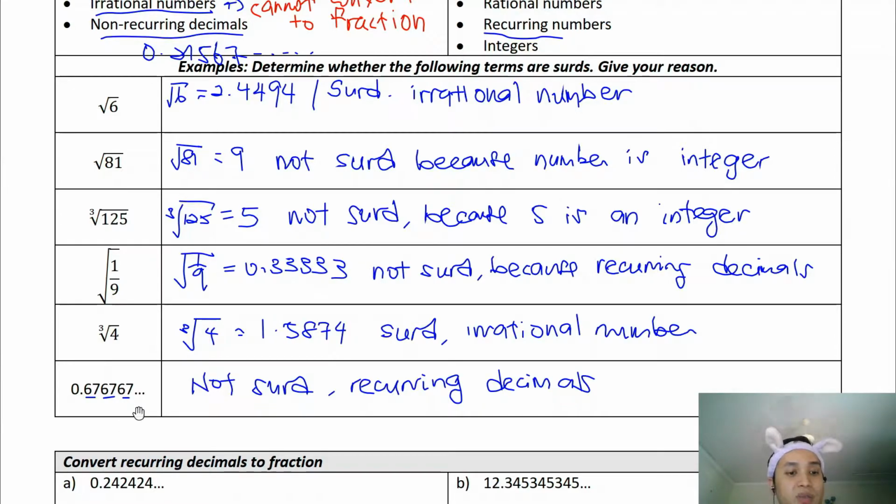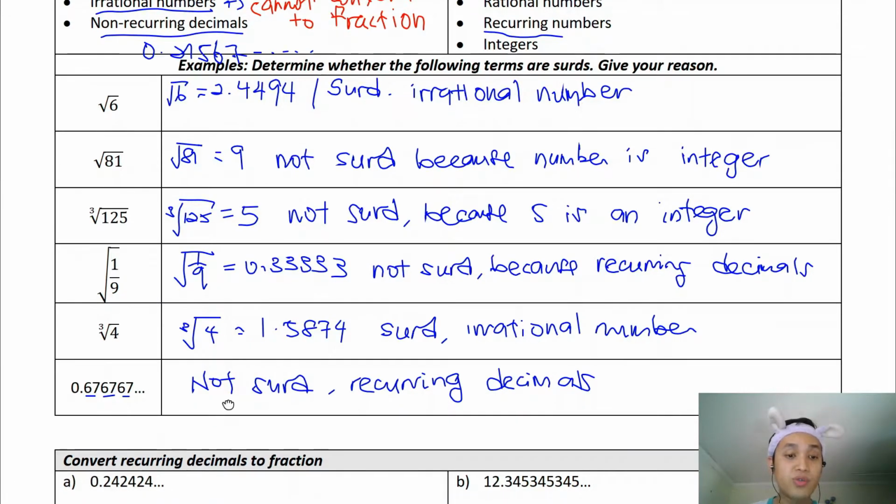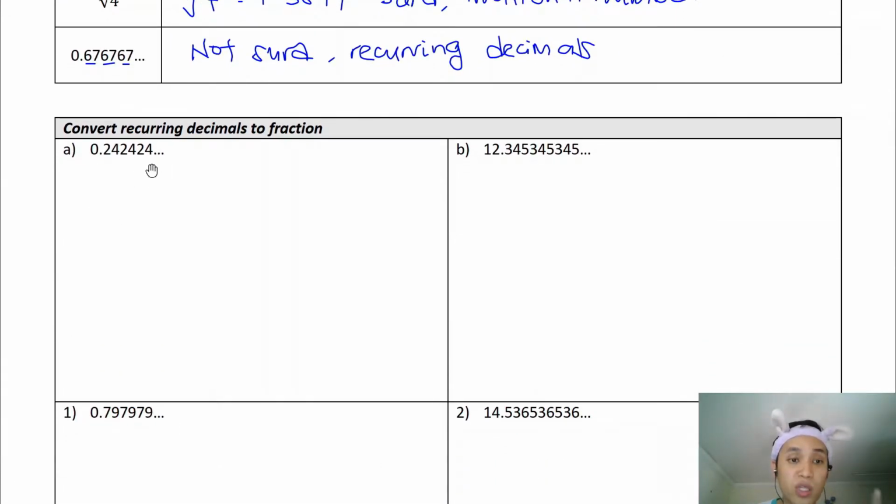If you only press 0.676767 in your calculator, it won't be able to change it to a fraction. You need to press about 8 times 67, 0.6767676767, many 67s, and then when you press enter, it will be able to convert it into a fraction. But you need to learn how to convert this manually, without using your calculator.